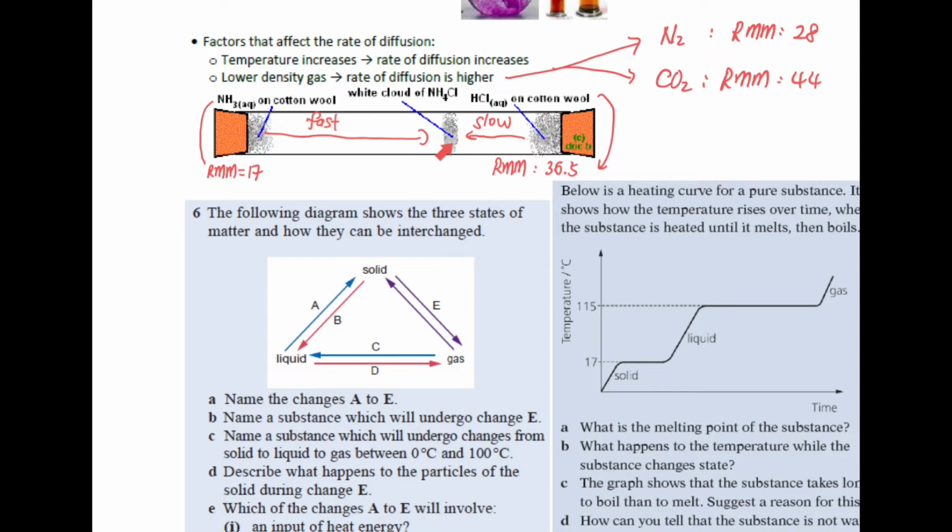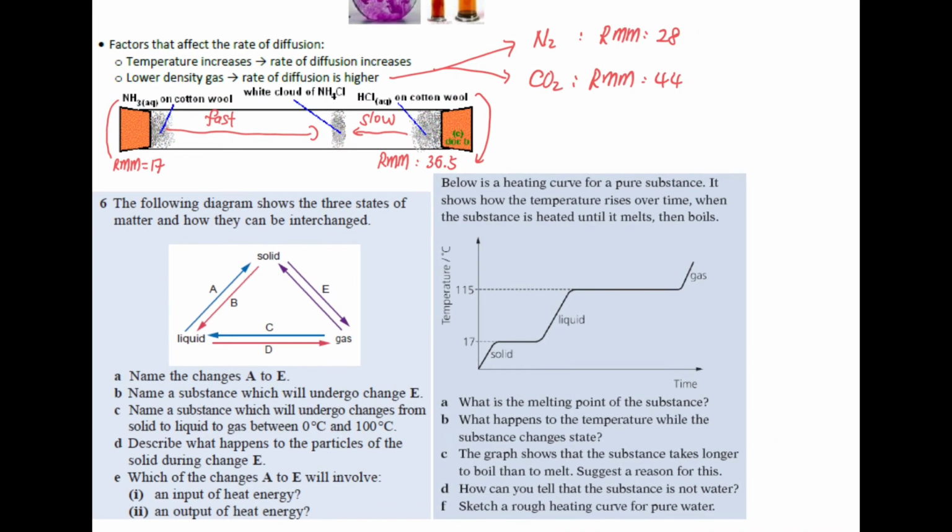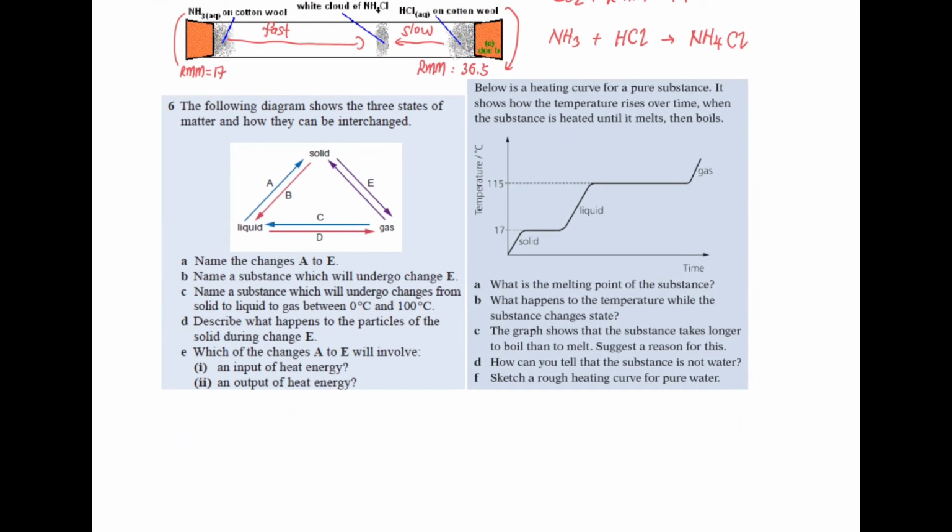So they will meet up somewhere to the right hand side, because ammonia is moving quickly. Then ammonia reacts with hydrochloric acid, so they form ammonium chloride. Ammonium chloride is the white cloud in the middle.